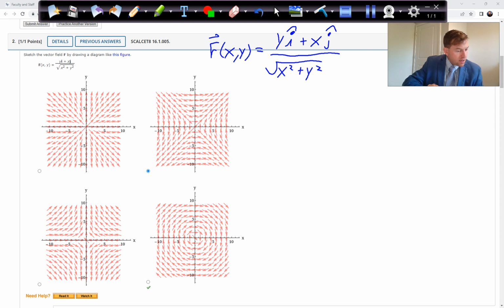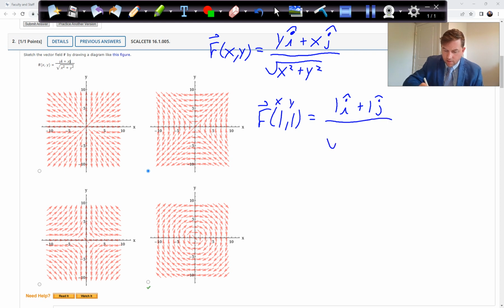So if we pick 1, 1, we would get 1 in the i plus 1 in the j, so x and y are both 1, divided by the square root of 1 squared plus 1 squared, and that's going to give us the vector 1 over root 2 and 1 over root 2.